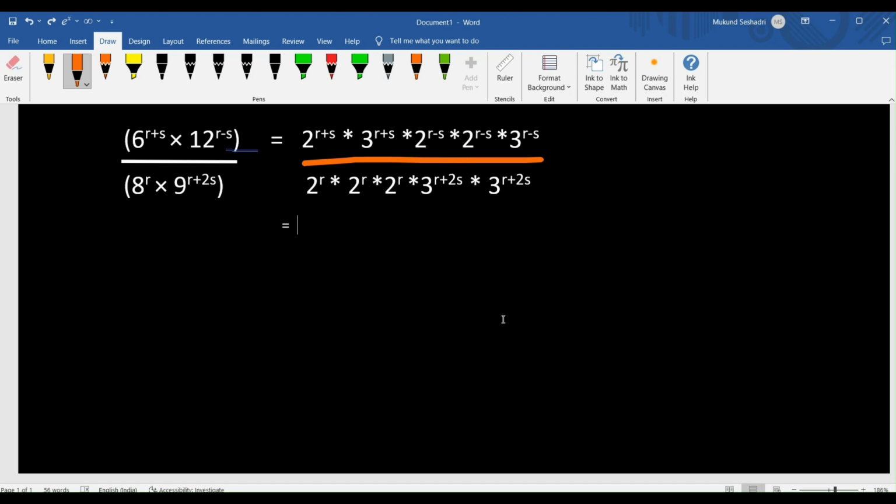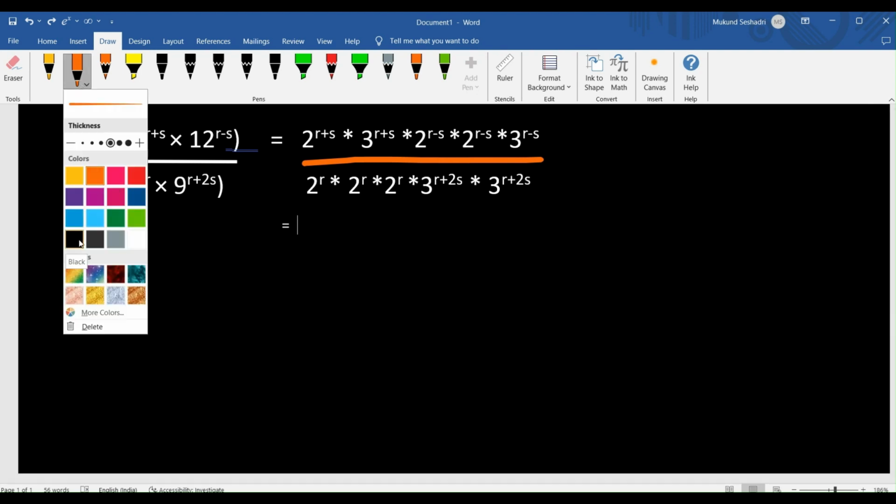So we have got 2 to the power r plus s and 2 to the power r minus s into 2 to the power r minus s, right? So we know that 2 to the power a into 2 to the power b is nothing but 2 to the power a plus b.